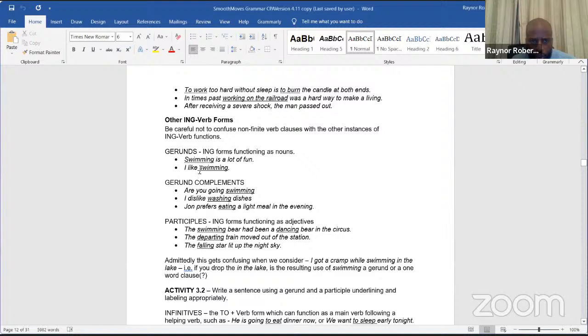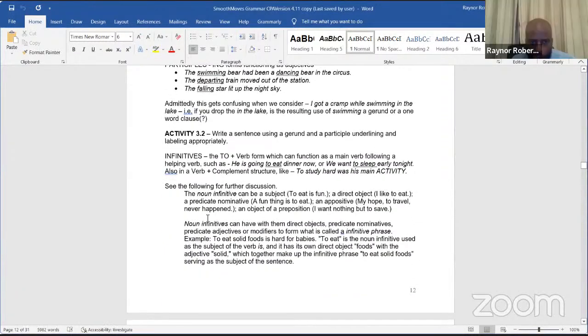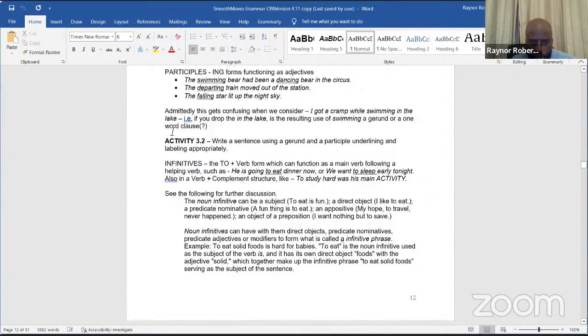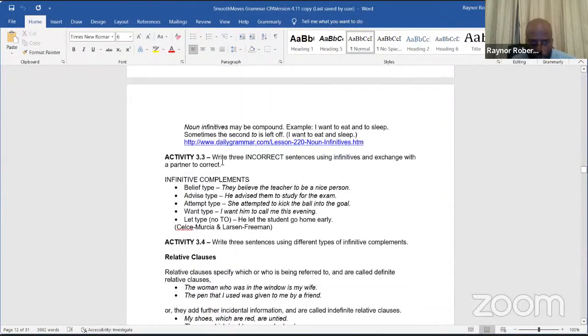I think we talked about gerunds and gerund complements and participles, right? Yes, we did. Write a sentence using a gerund, no need to do that.